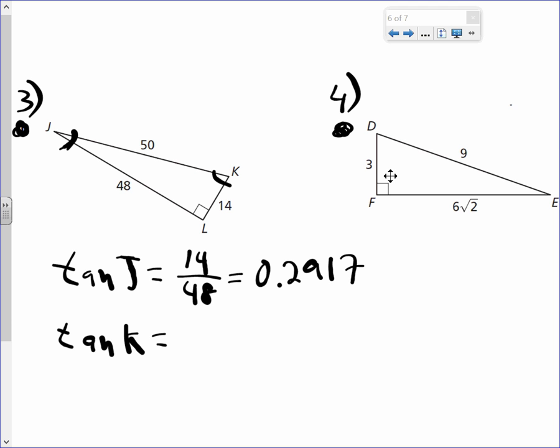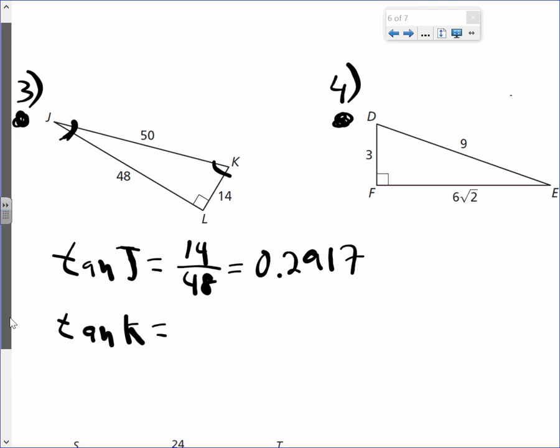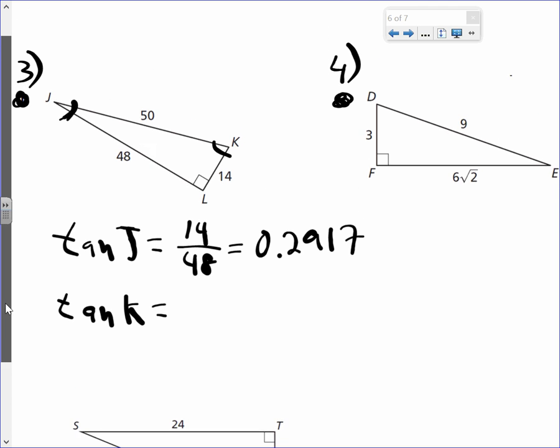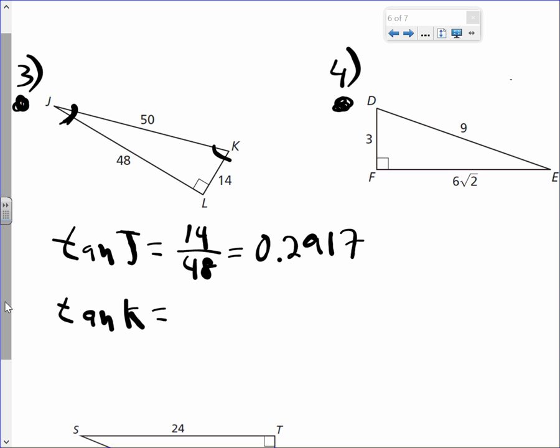Cool. Let's find tangent of K now. Castillo, what side is opposite to K? Yeah, we're still doing tangent of K now.